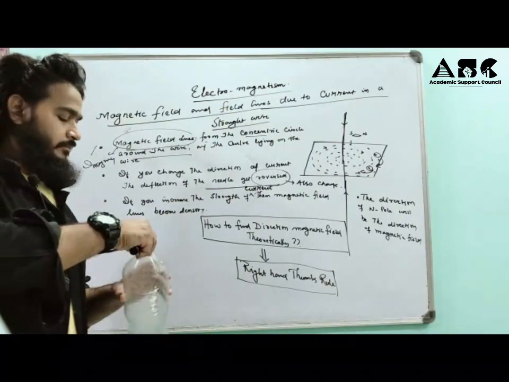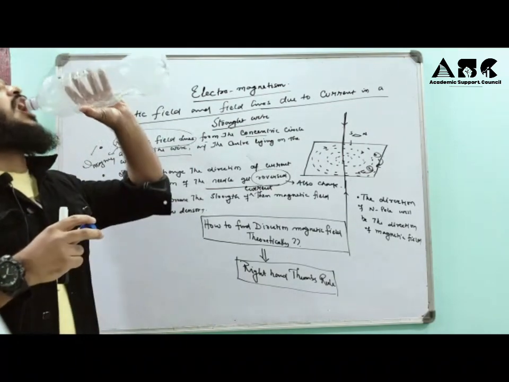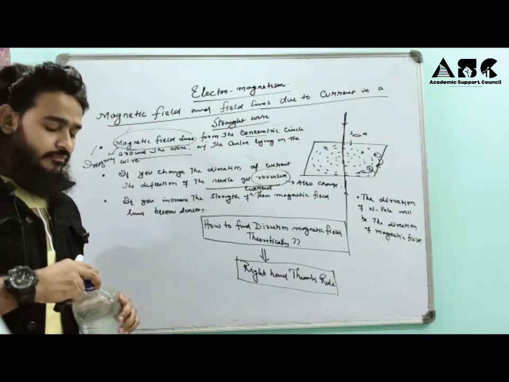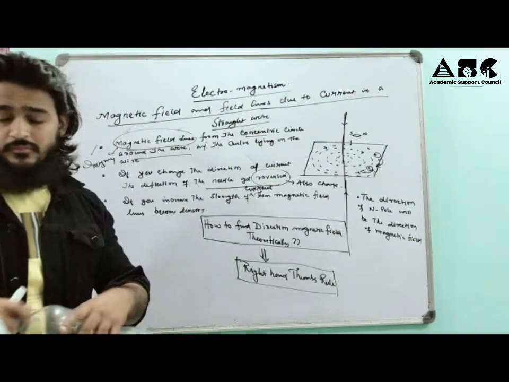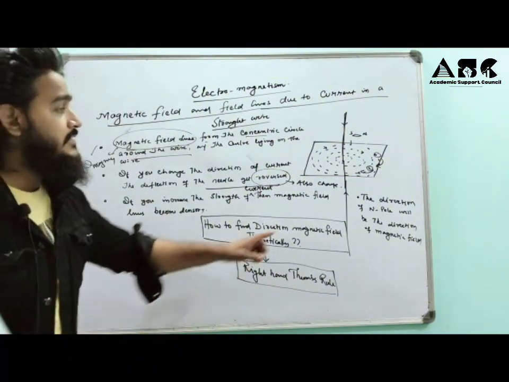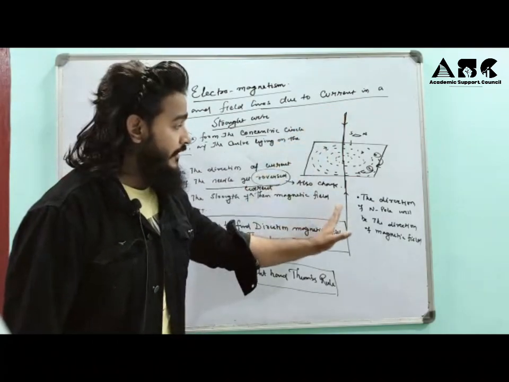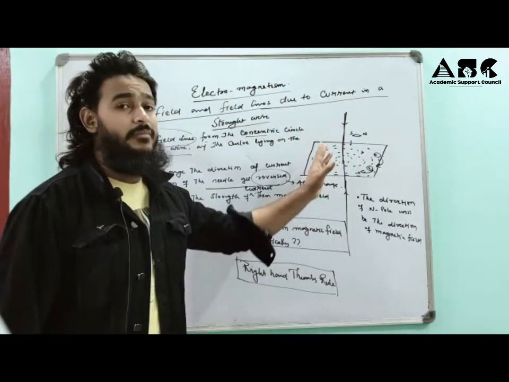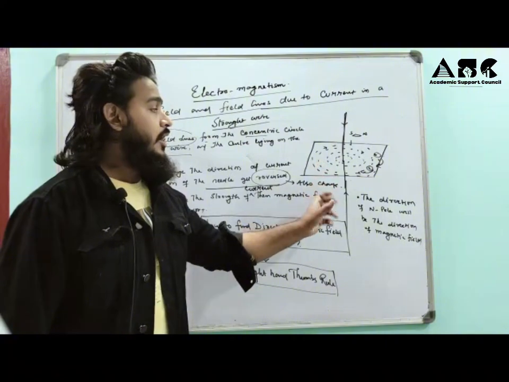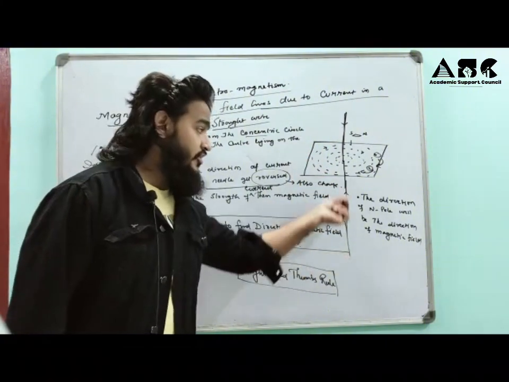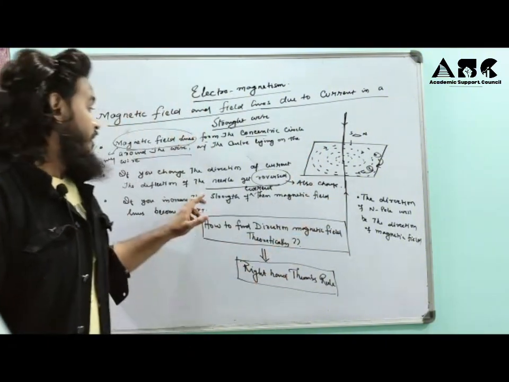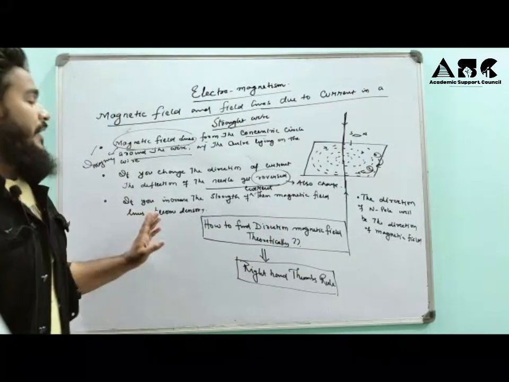Just give me a minute. Suppose initially you are passing 5 ampere, and now you increase the potential difference, so the strength of the current is increased. Then the magnetic field lines become denser.